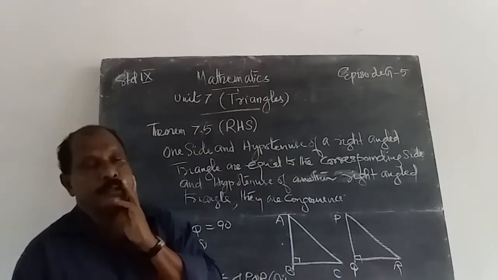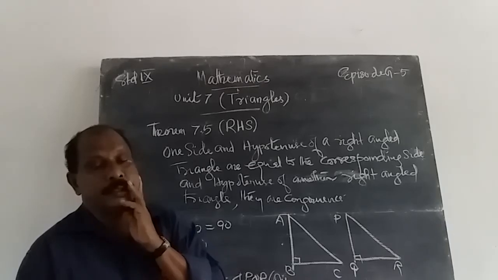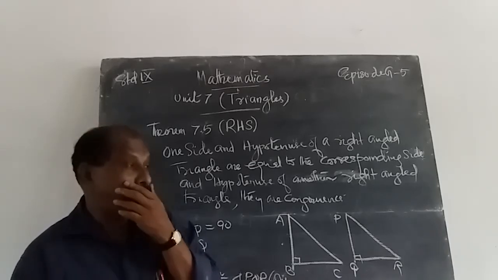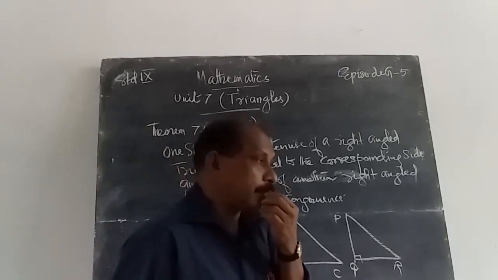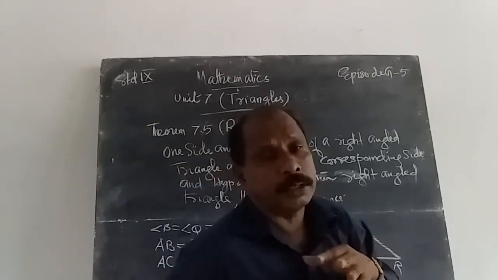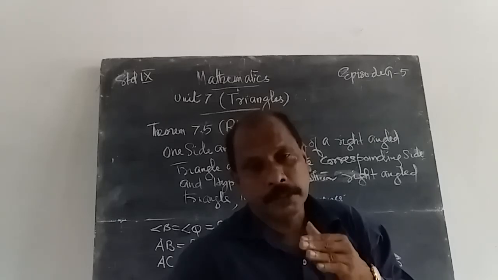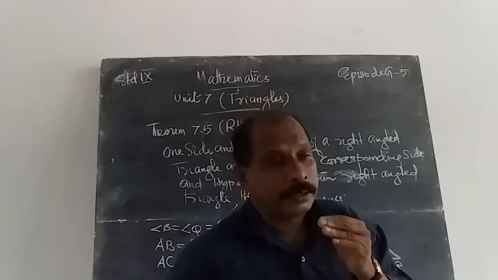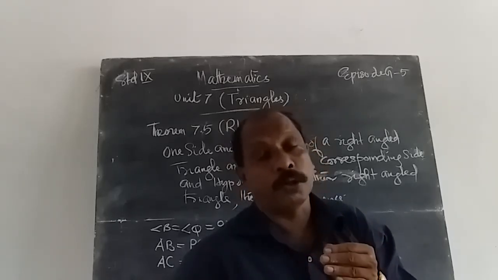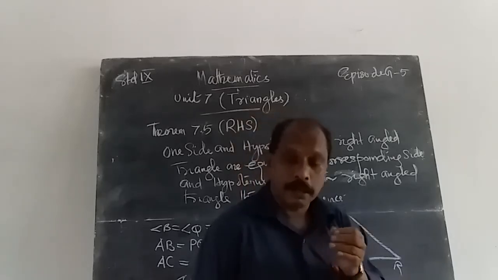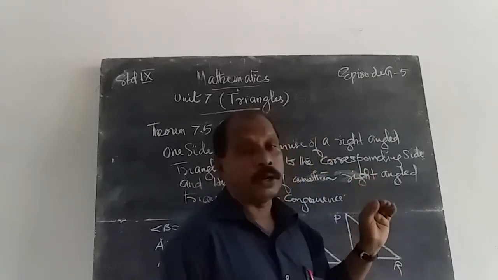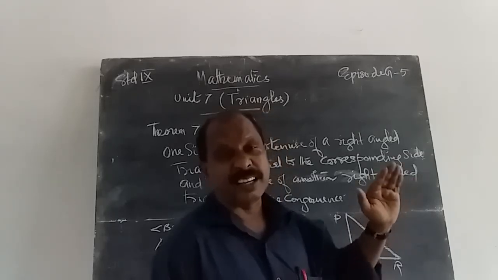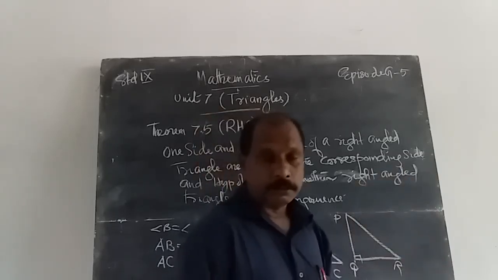They are congruent. That means it is RHS. R denotes the right angled triangle, H denotes the hypotenuse, S denotes one side. That is the RHS theorem. These are the main theorems for congruency of triangles. Clear? There is no proof for these, only illustration for these theorems.